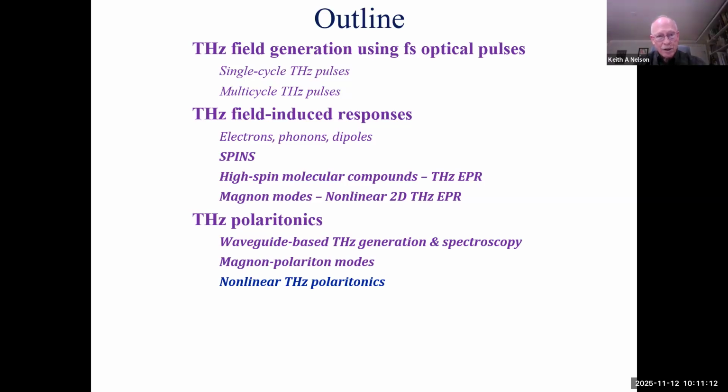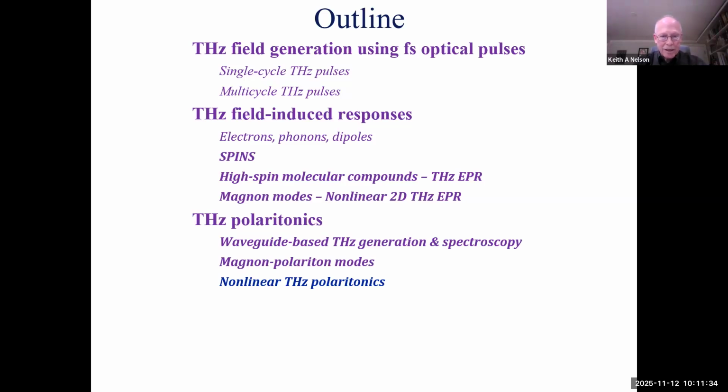So I'll discuss at the beginning how we make the fields at all, and then I'll very briefly discuss different kinds of terahertz field-induced responses. I mainly want to do that to illustrate methodology, just for those of you who don't do this sort of ultrafast spectroscopy.